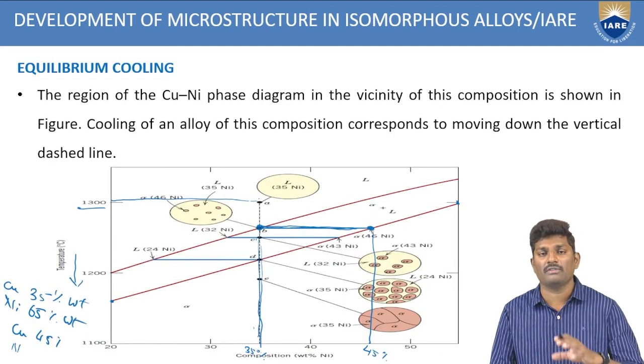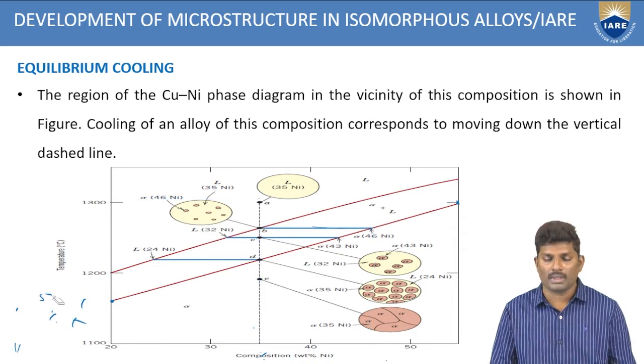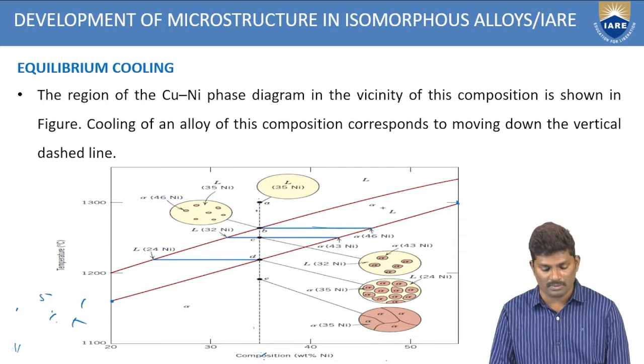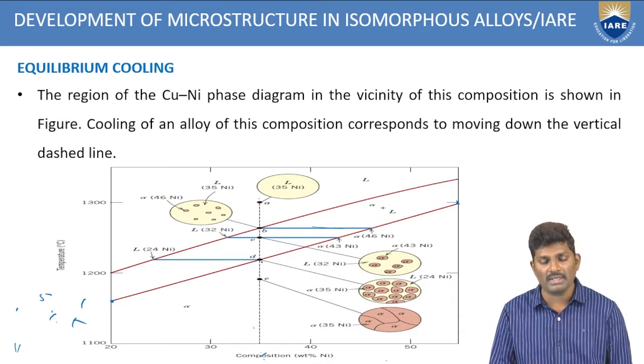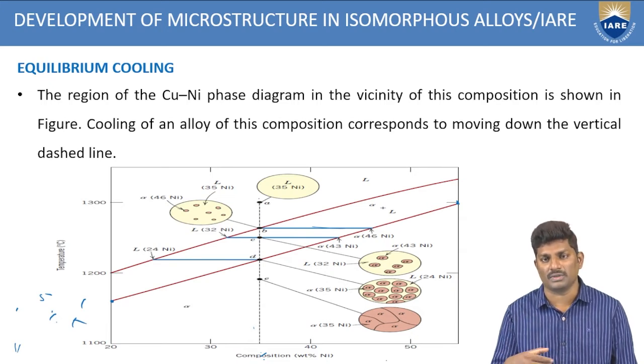Like that, you have to find out the compositions. So at each and every point, A, B, C, D and E, you have a total of 5 points. At each of the 5 points, you have different compositions and different microstructures, based upon whether it is in the liquidus phase or solidus phase or a combination of these two phases.